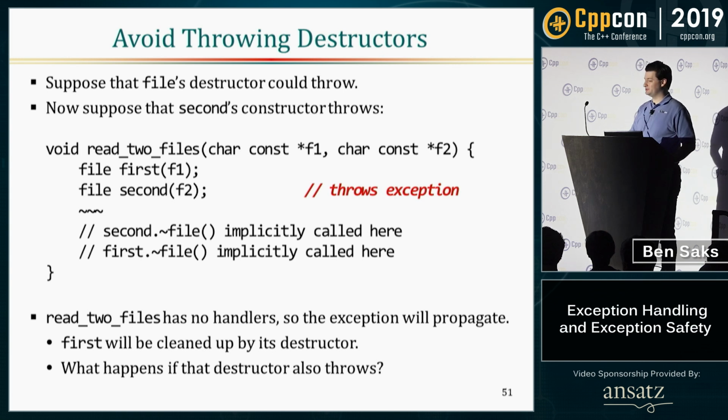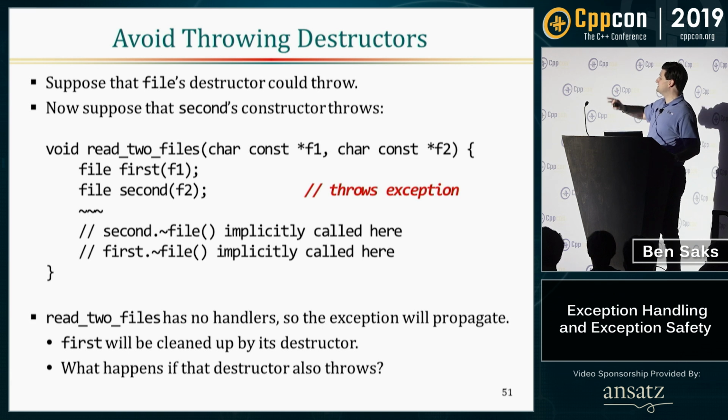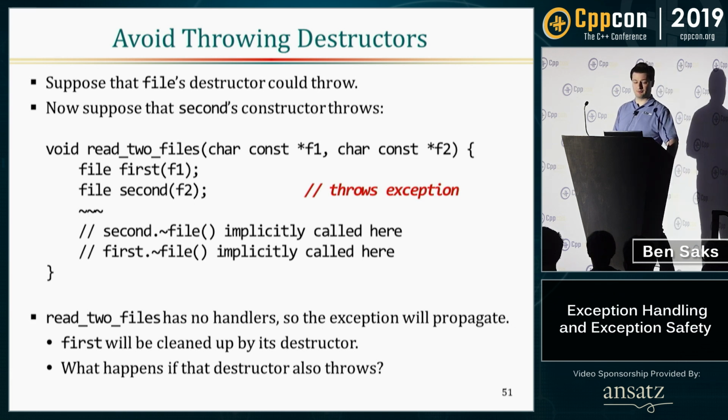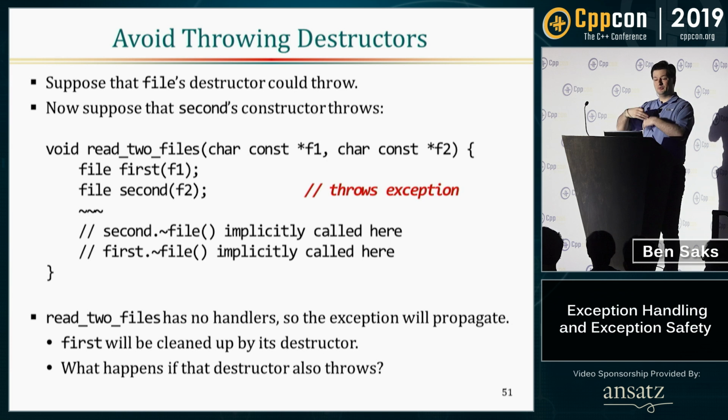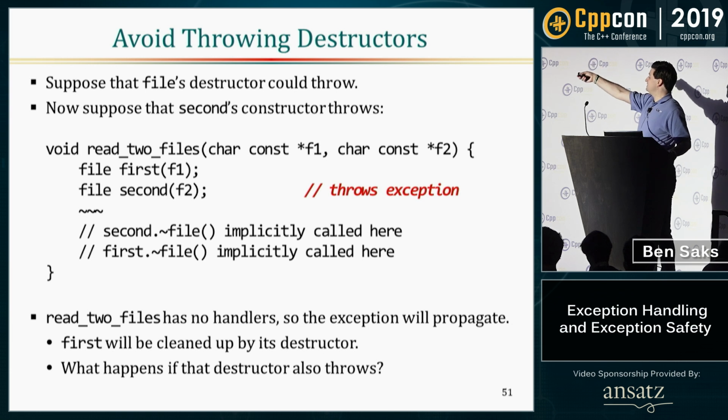Let's look at what could happen if file's destructor could throw. If file's destructor could throw and second's constructor can throw because we're not able to open the file in the first place, then what happens here?